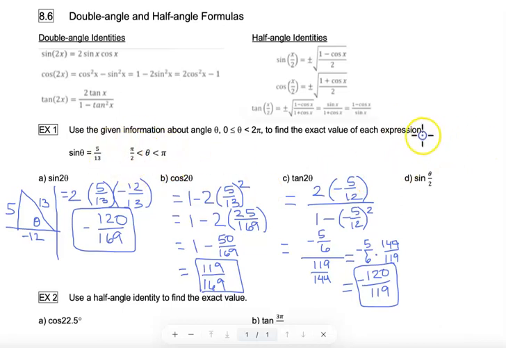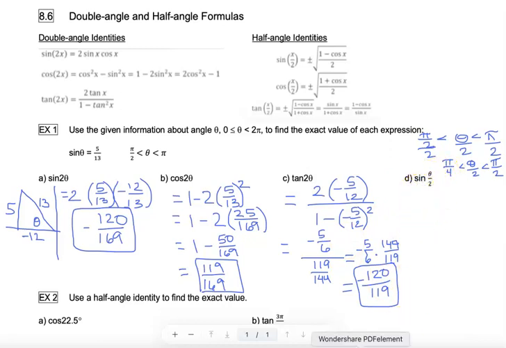If we know that theta is between pi over 2 and pi, that means that theta over 2, I would have to divide everything by 2. So that means that my half angle is now going to be between pi over 4 and pi over 2, which means that I know that my answer should be positive here.